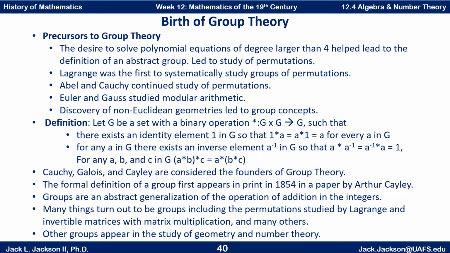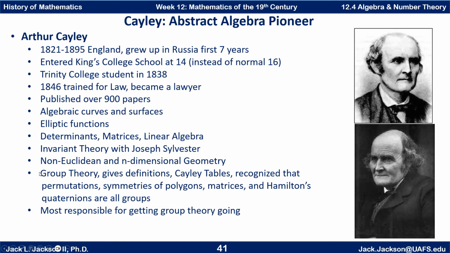Other groups appear in the study of geometry, for example, in symmetries of regular polygons, and also in number theory. So a lot of these different things come about. And probably nobody did more for developing the basis of abstract algebra than Arthur Cayley. In 1821, he was born. He died in 1895.